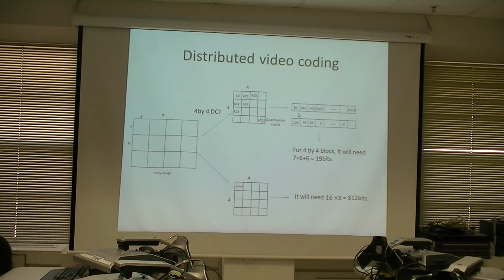And since the information in the subbands is not uniform, the lower frequency bands will have much more information of this block. Here, the DC band has the most important information, and the 15 AC bands have the least information of the block.